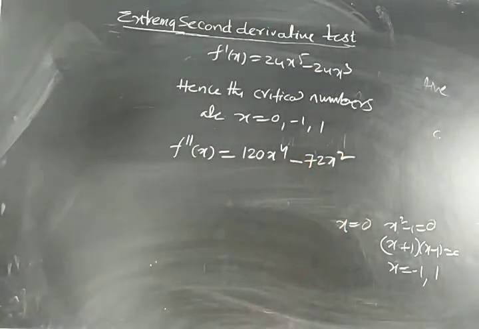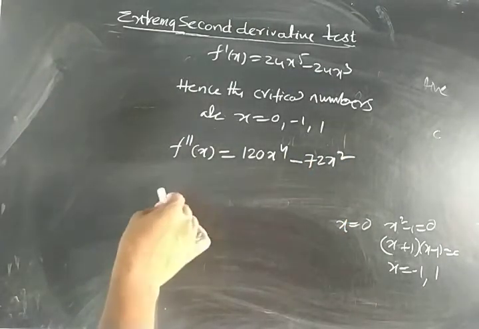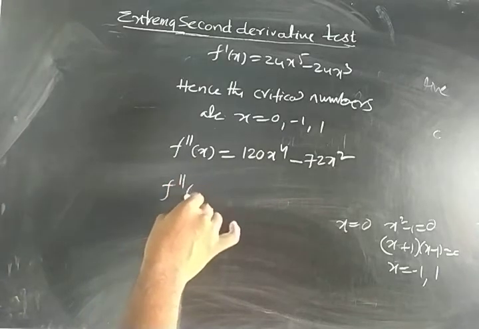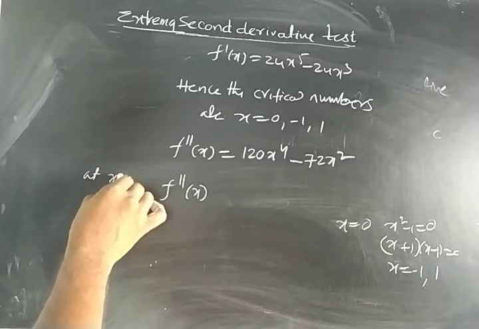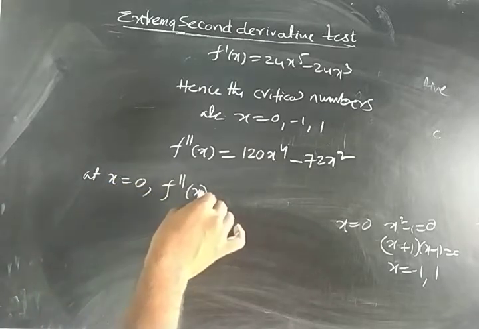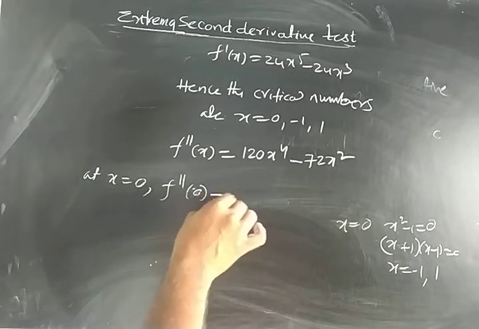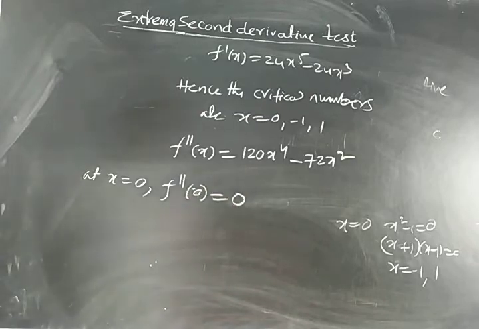Now I am checking f double dash of x at x equal to 0. f double dash of 0 is equal to 0. So here the second derivative is 0.